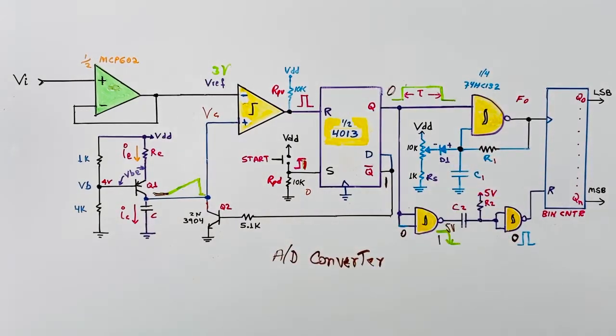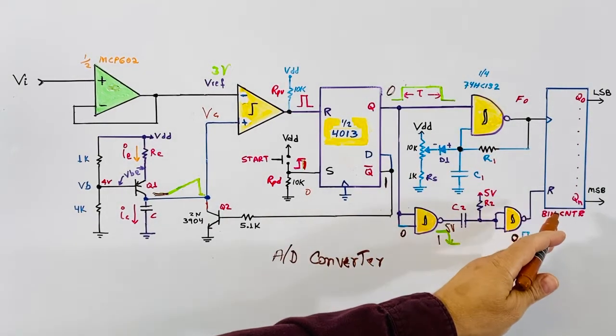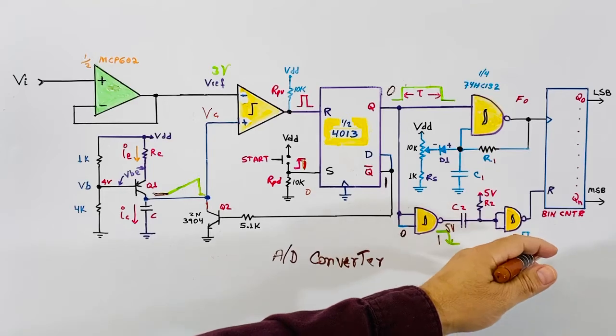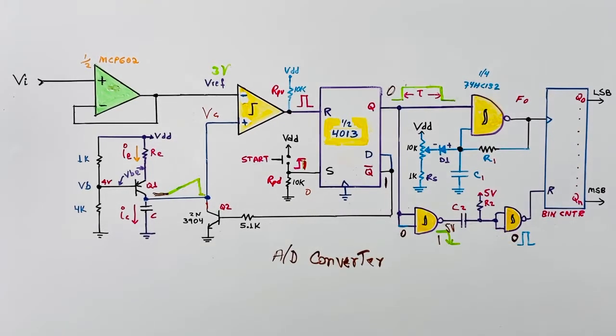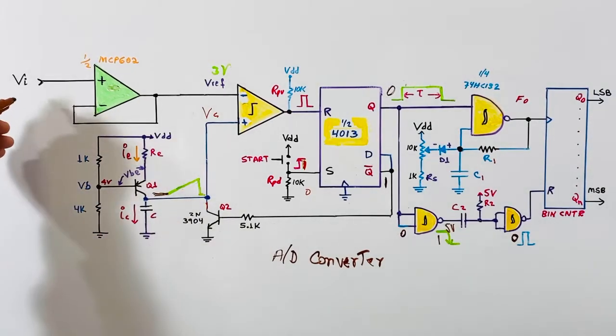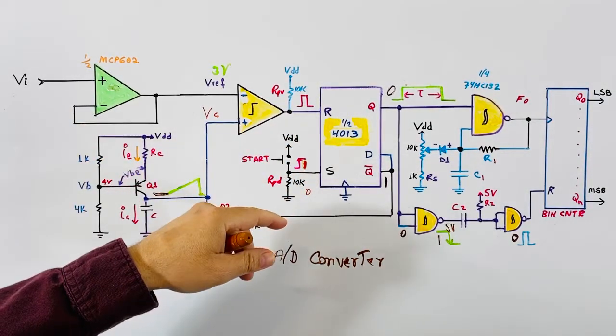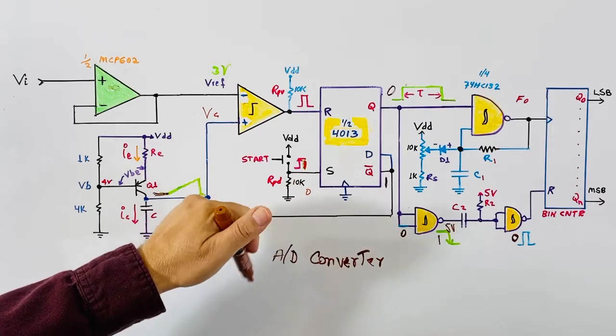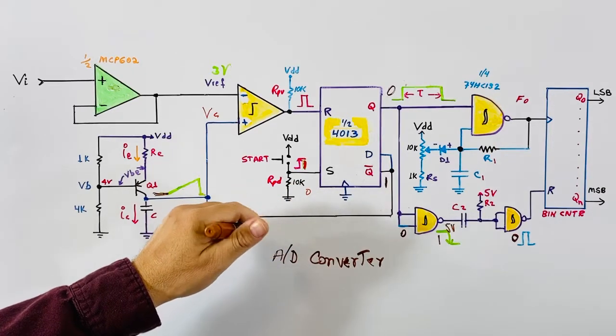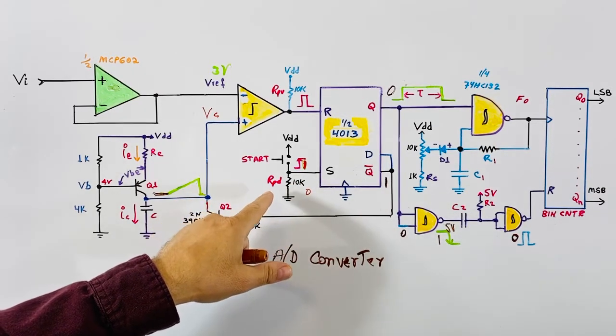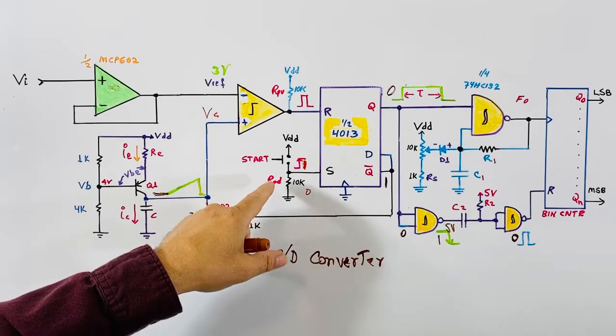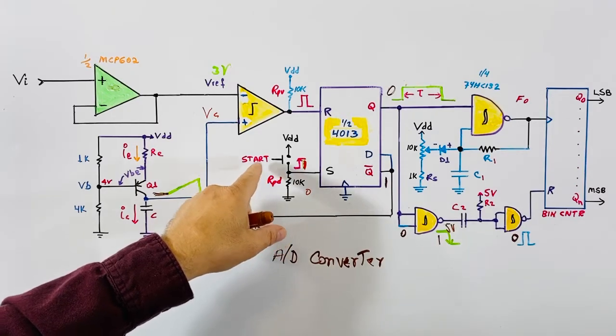Of course we didn't apply a power up reset, which we can do later in another version of this circuit. And when we have to start this circuit to operate, we have to press the push button to start.